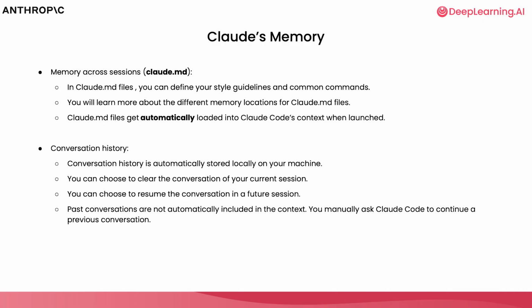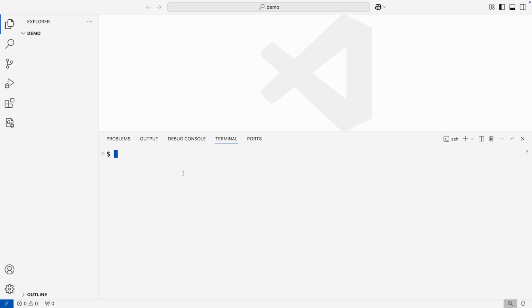The conversation that you have with Claude Code is stored locally on your machine. You can clear that over the course of a conversation, so you can start with a new context window. But if for some reason you need to continue that previous one or resume the earlier conversation, you can do so easily.